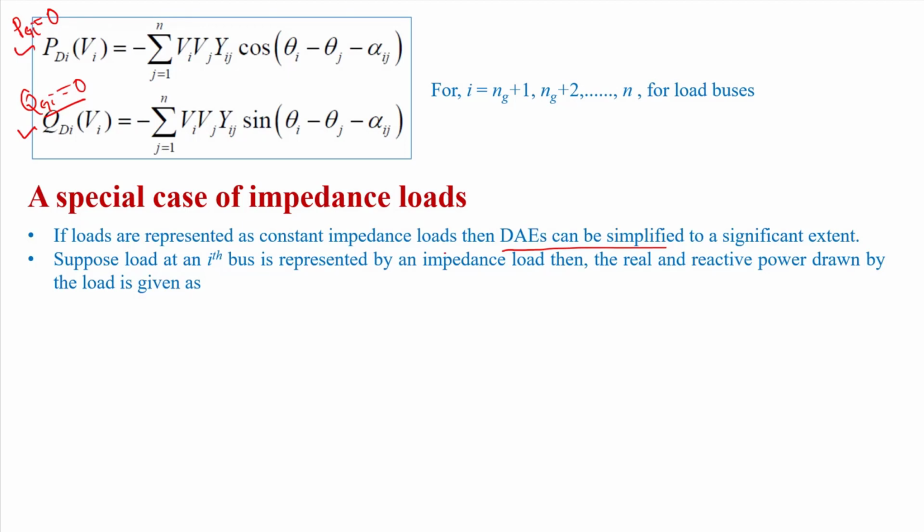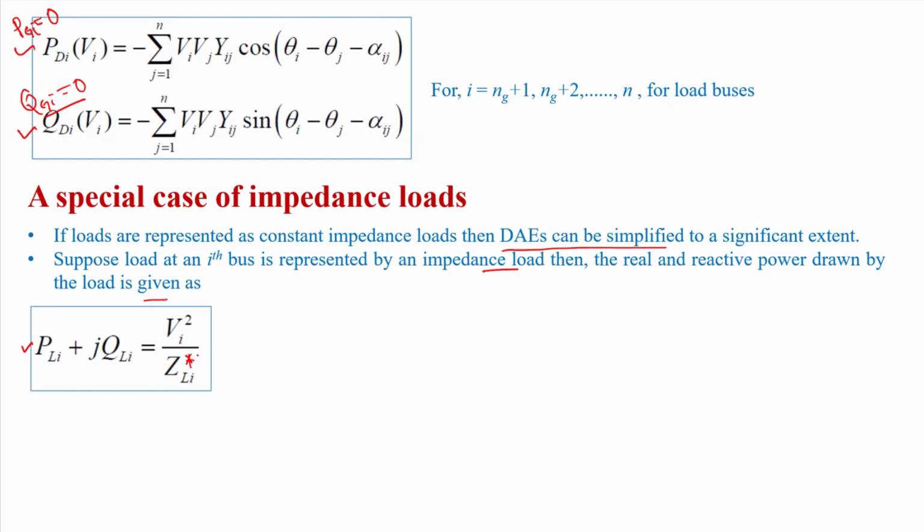Suppose the load at the ith bus is represented by an impedance load, then the real and reactive power drawn by the load can be given as this. This PLI is the load at a particular load bus, the ith load bus. So I can write PLI plus JQLI is nothing but VI square by ZLI. It is not ZLI, it is ZLI conjugate in fact.